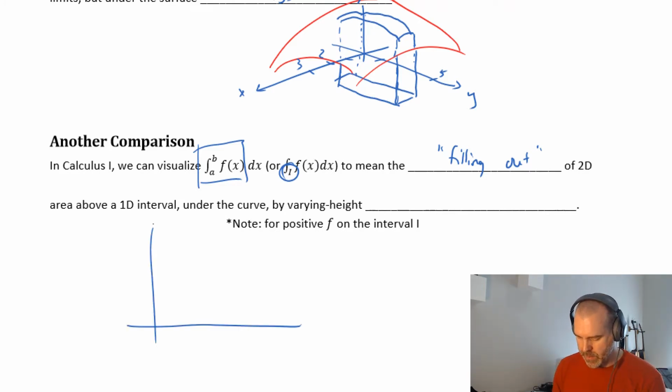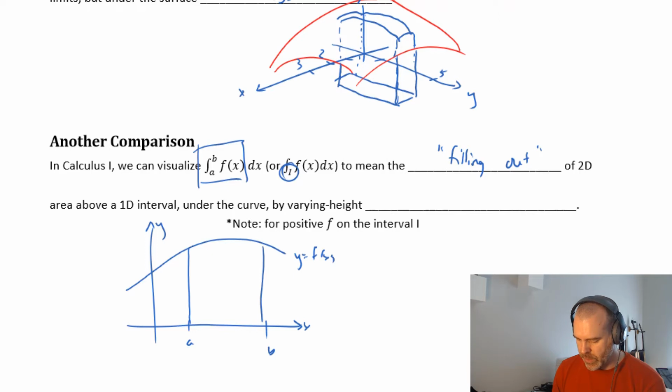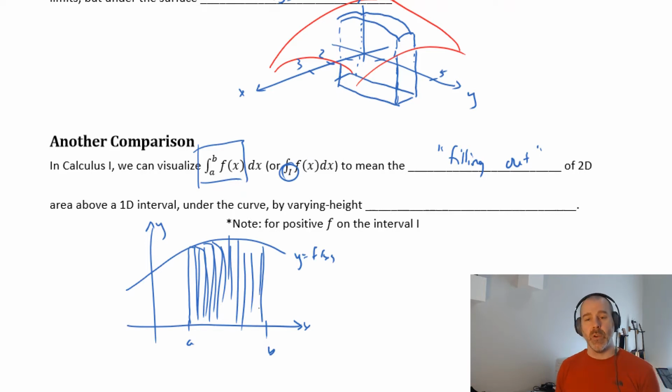So you have some a to b, you have the function above this y equals f of x, and so what you're really doing is filling out, we have all these rectangles, you're adding them all in as you go, and that's going to give you the area underneath it. So what you're really doing is you're filling out the area under the curve by varying height vertical lines. And they're going to end up filling in that whole interval.